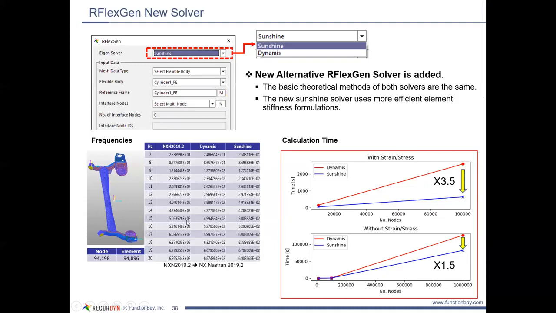You can see the sample problem that they looked at here, comparing modes 7 through 20. Anyway, this new solver, we think is pretty exciting, and just glad to see this improvement.